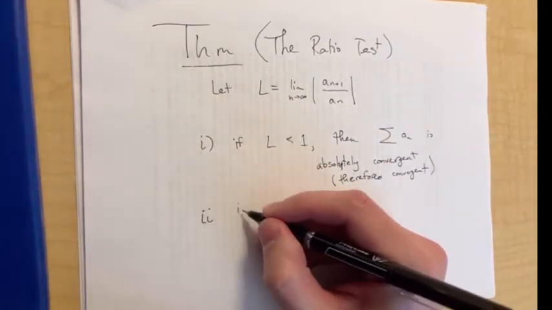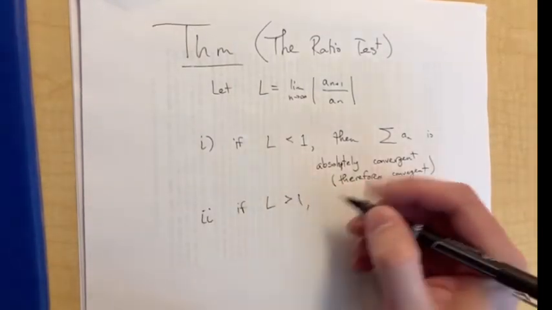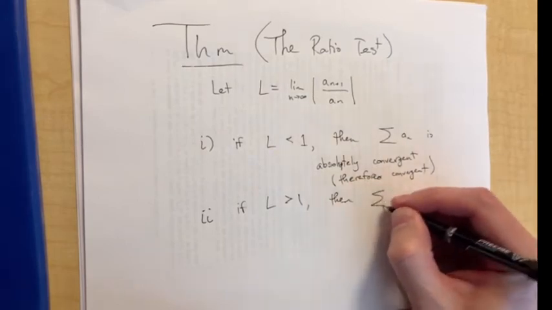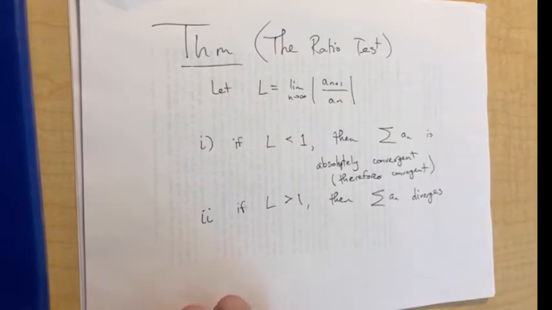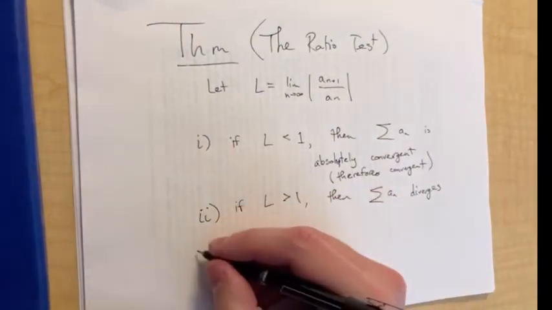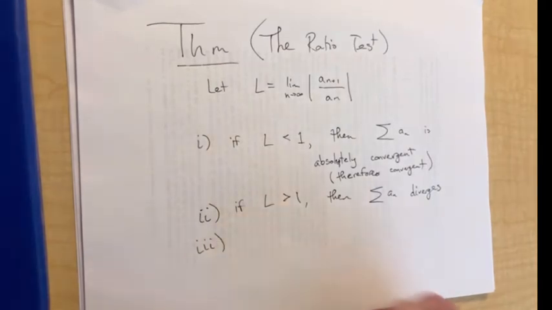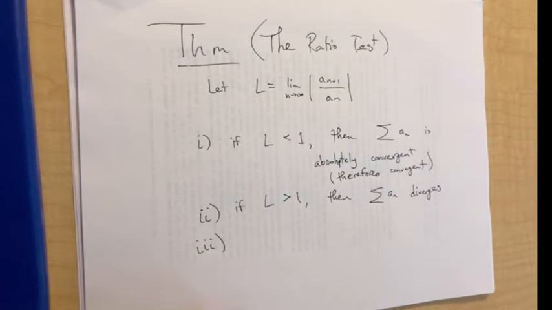If L is greater than 1, then the series diverges. And unfortunately, there's a third case. If L equals 1, in that case, you don't know. So the ratio test has this kind of failure case.